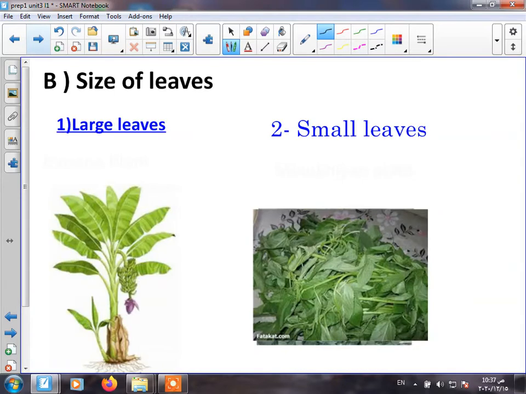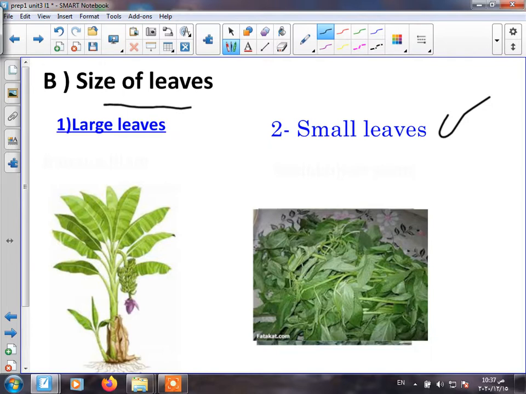I said diversity in the plant according to the size of the plant, and number 2, the size of its leaves. We have here in size of leaves, large leaves and small leaves. Plants carry large sized leaves and others carry small sized leaves.